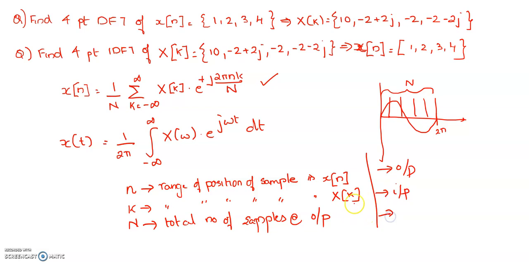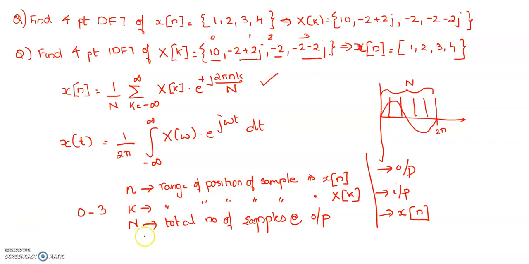So k is already given to you, containing 4 samples: 10, minus 2 plus 2j, minus 2 and minus 2 minus 2j, positioned from 0 to 3. So your range of k will be 0 to 3.